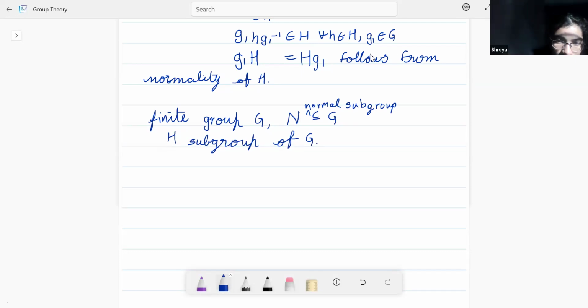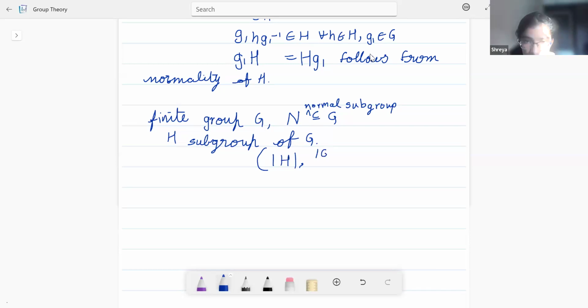And then we have this random looking condition on the cardinality of H. This is sort of like for Lagrange's theorem. Okay, I'll write the statement first. So, this GCD is equal to 1. Prove that.